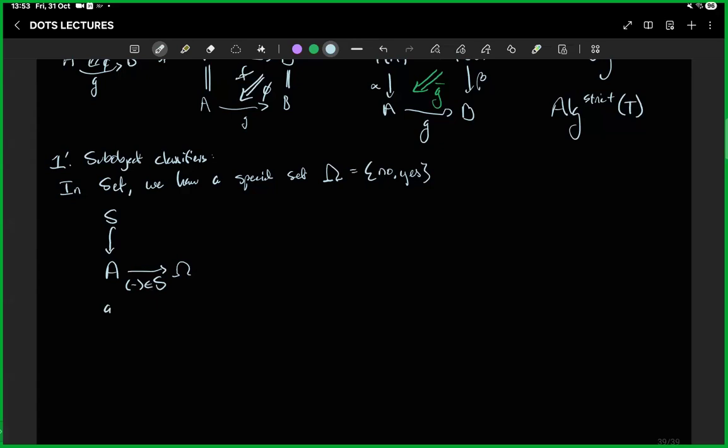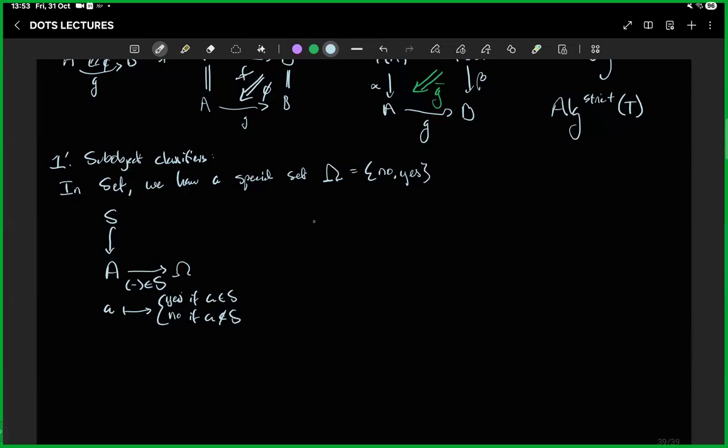I.e. a maps to yes if a is in the subset and no if a is not in the subset. It answers the question, am I in the subset? And there's sort of a correspondence between these two things.